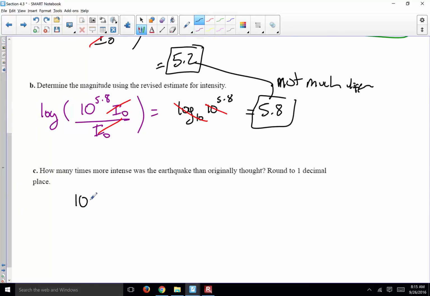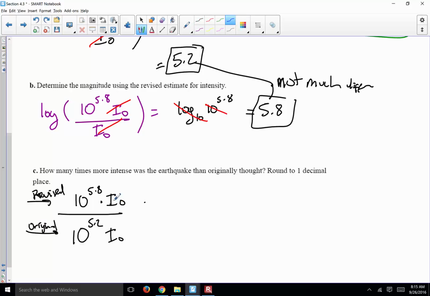Look, this is what the new measurement is, and this is the original. This is the revised, and this is the original measurement. Let's take the ratio and see how much the difference is. 10 to the 5.8 over 10 to the 5.2.